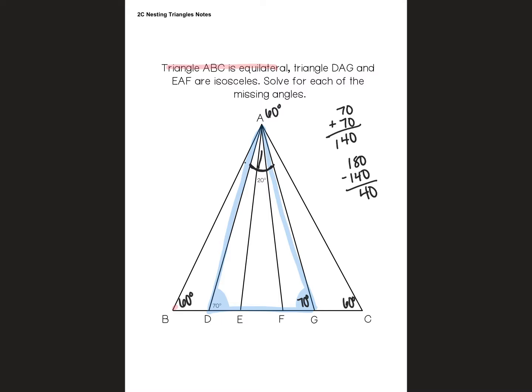And then we know that this piece in the middle is 20 because it's labeled. So if I do 40, I take out that 20, I have 20 left. And then if you think about it, you could probably logically realize that these two need to be the same. So it's split right in half. So that makes each one 10.